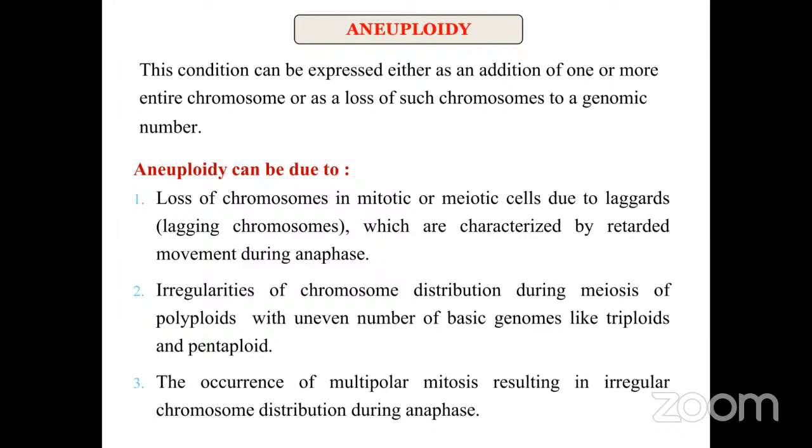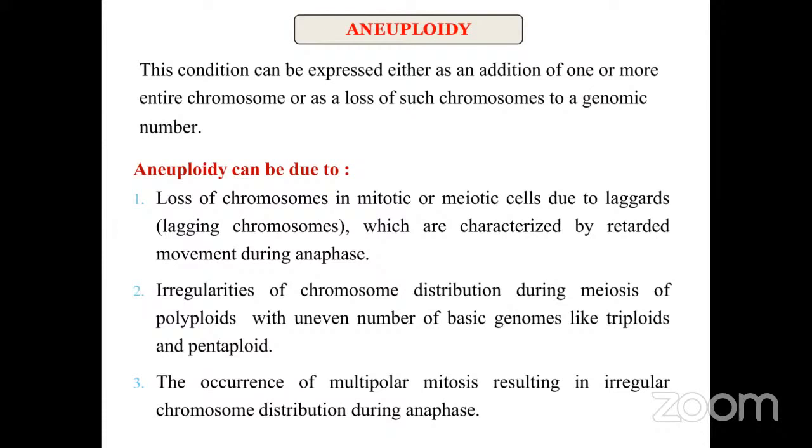If the chromosome number of wheat is 42, then the cell will have either 41 chromosomes, meaning one chromosome is lacking, or one chromosome extra, the trisomy condition.